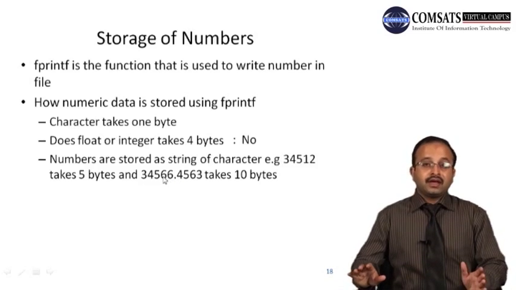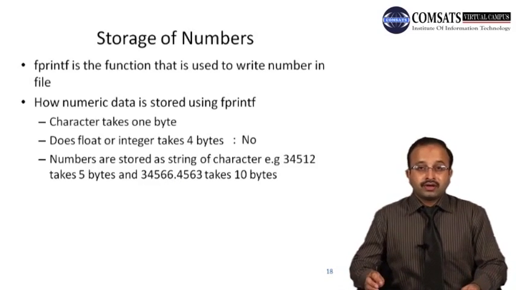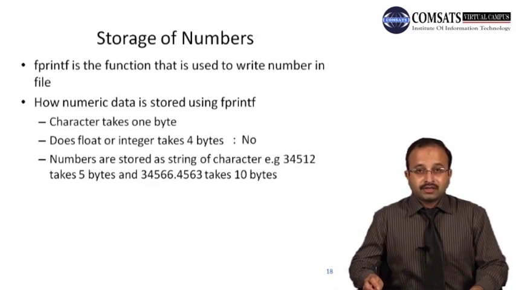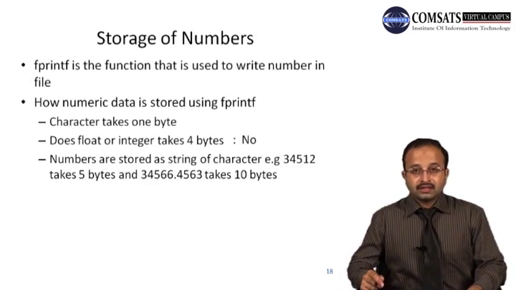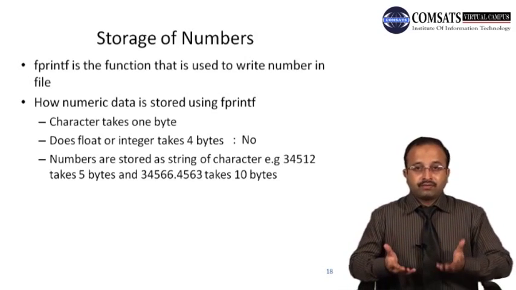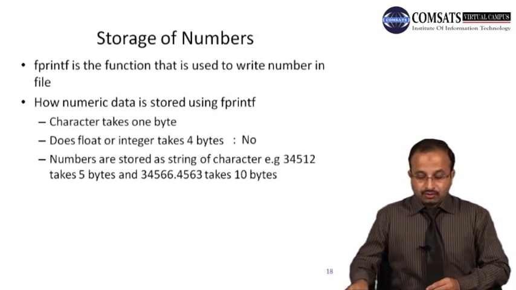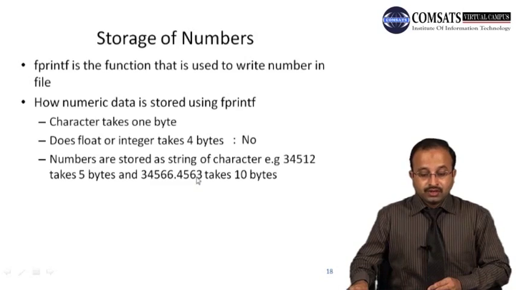You remember the character set of C, it also contains the digits from 0 to 9, special symbols, which includes the dot as well, and upper and small case alphabets. So this is the whole character set of C. So this 3 is a character. So when you write this floating point number using the fprintf function, it is written as a string.